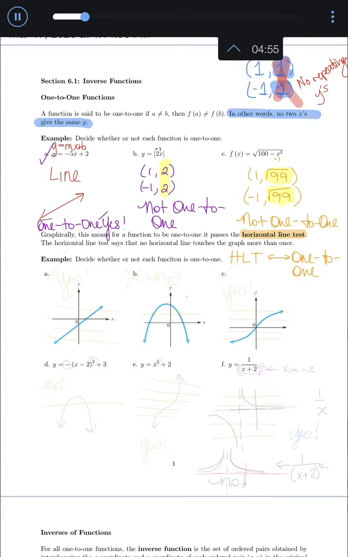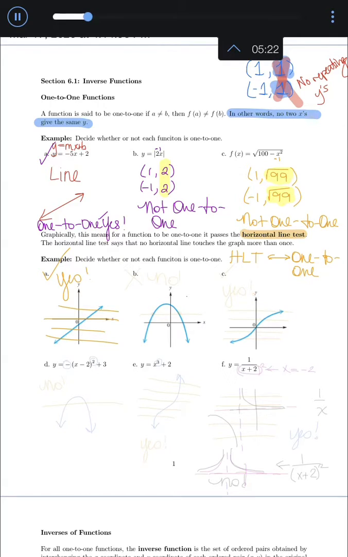So let's look at these graphs real quick. In A, we have a line. Any horizontal line will hit it once. So yes, it is one-to-one, because any horizontal line you draw will only hit it at most once.